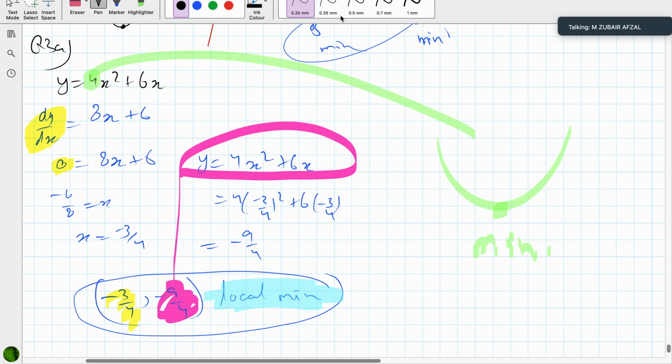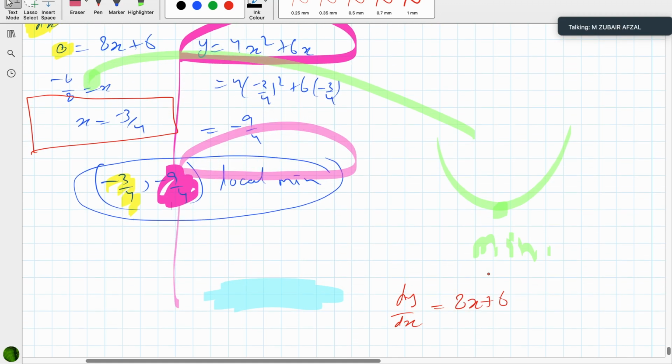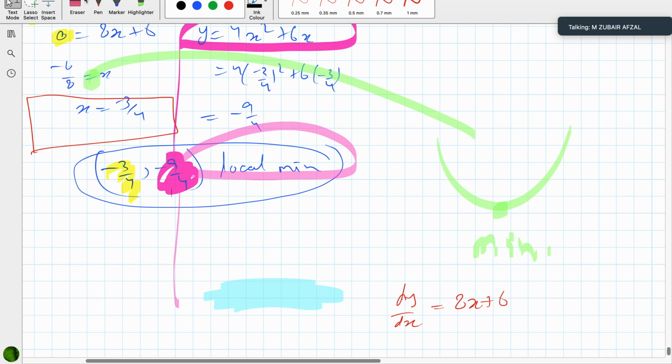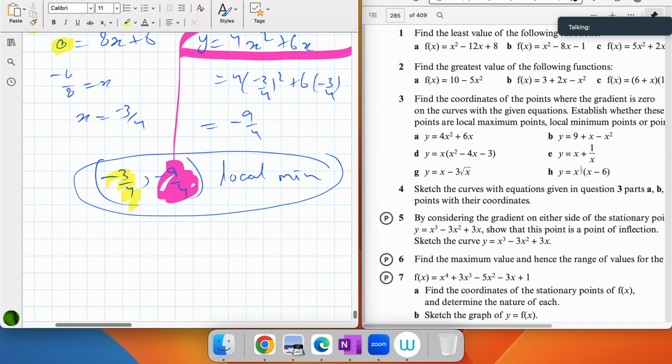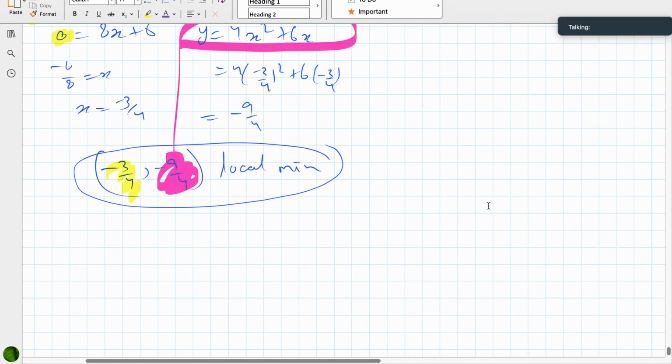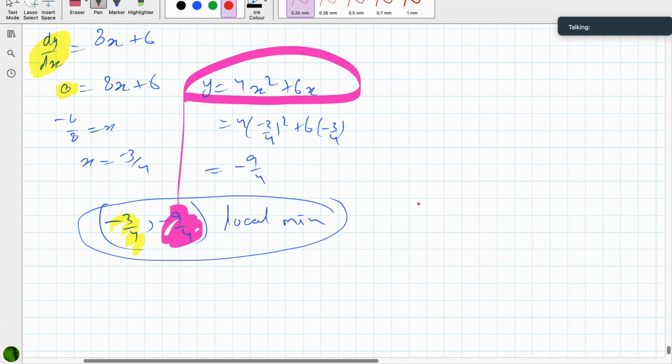And through calculation, how do we do that? We go for the double derivative. So I'm copying this dy by dx, which is equal to 8x plus 6. Now I'll go for the double derivative.